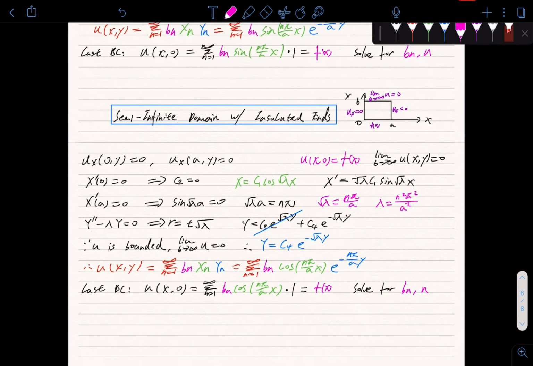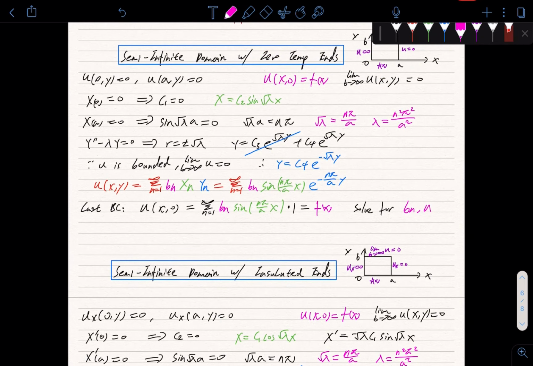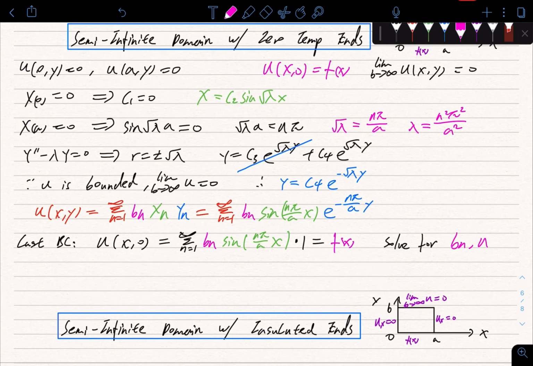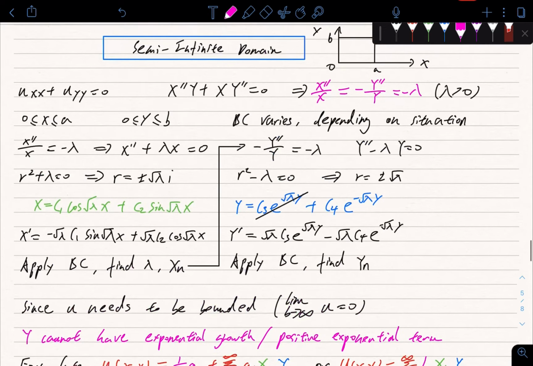And again, I hope that at the end of the video, you have a very clear idea about how to approach solving partial differential equations in general. We always start with interpreting what our differential equation means, and then we use the method of separation of variables.